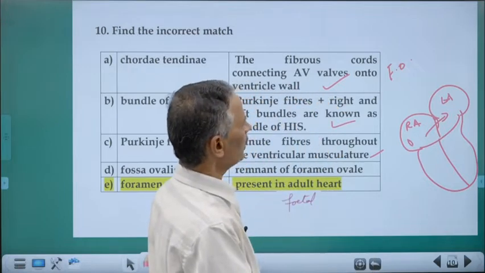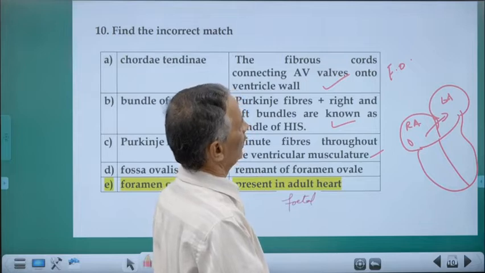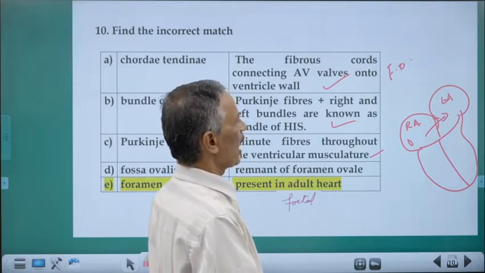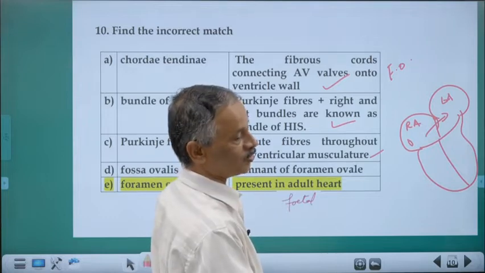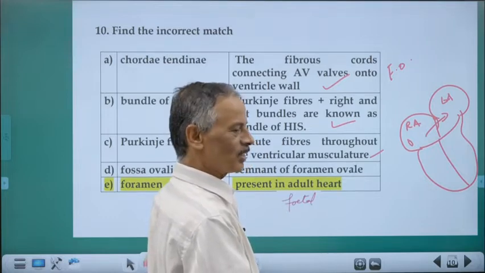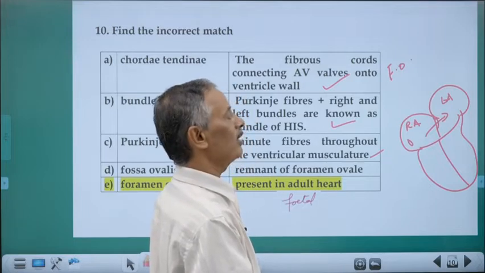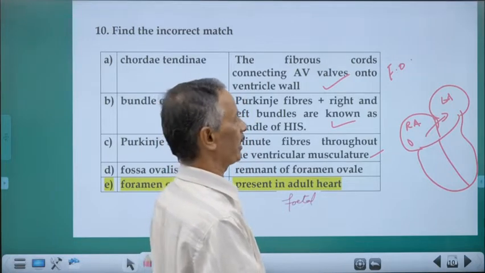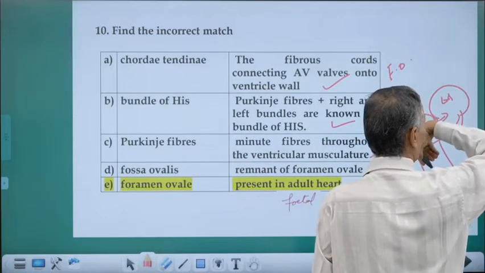So, the blood will be reaching the right atrium from different parts of the body, and it will not be sent to the lungs for oxygenation because the lungs are not functional. Lungs become functional only after delivery, when development is complete. Till that time, the placenta is doing the functions.